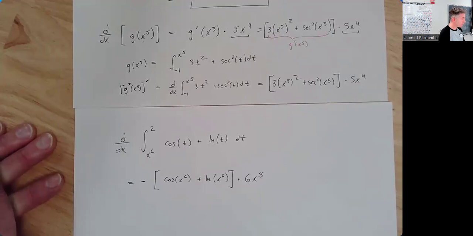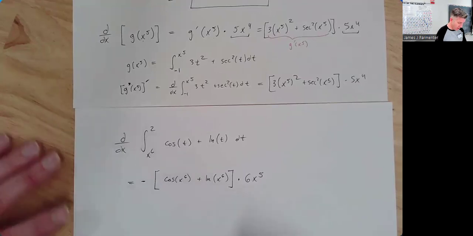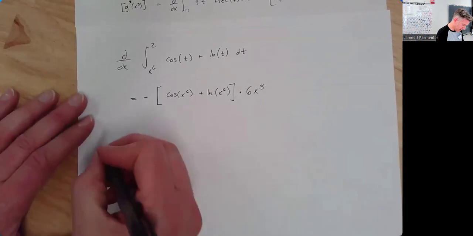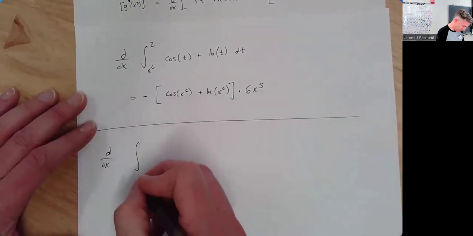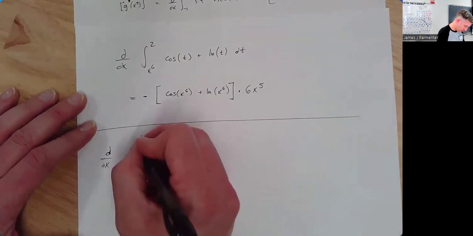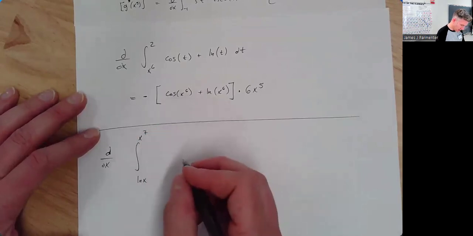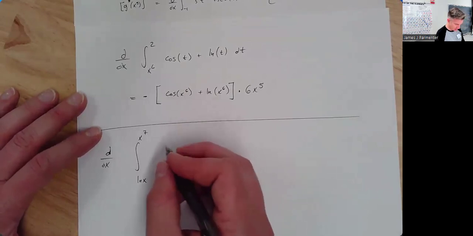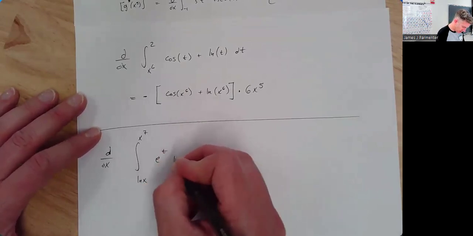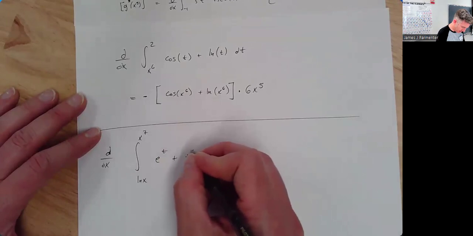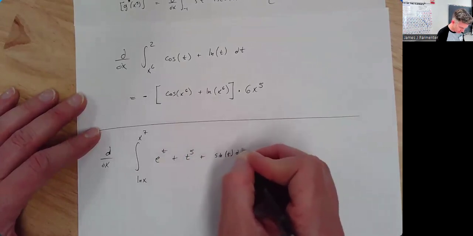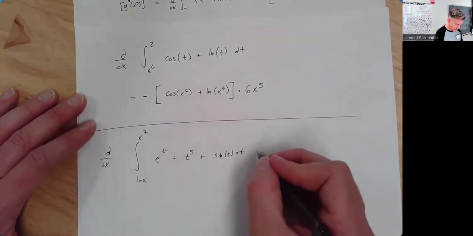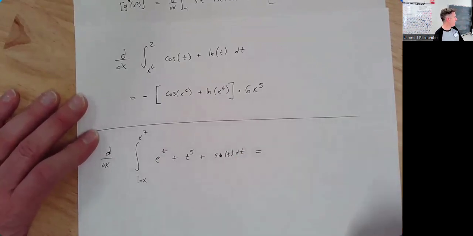And if you had variables in both of them, if you had to take the derivative from the natural log of x to x to the seventh of something like, I'm trying to make things not too terrible here, e to the t plus t to the fifth plus, sure, sine of t, so first we're going to plug in, which thing first, top or the bottom?